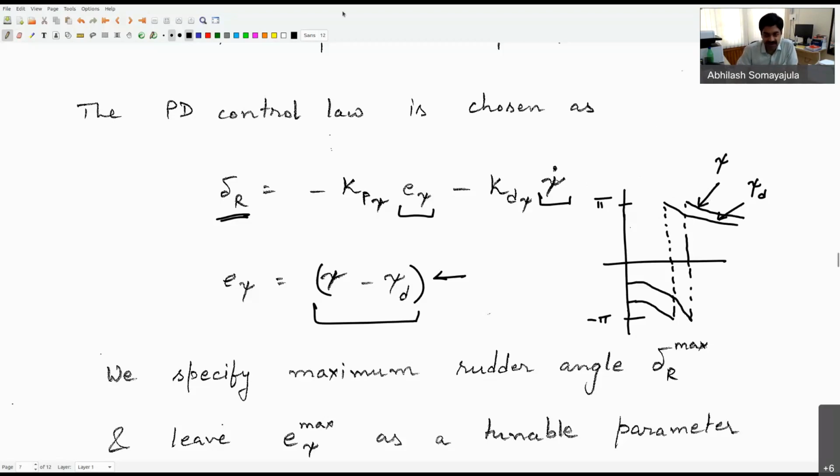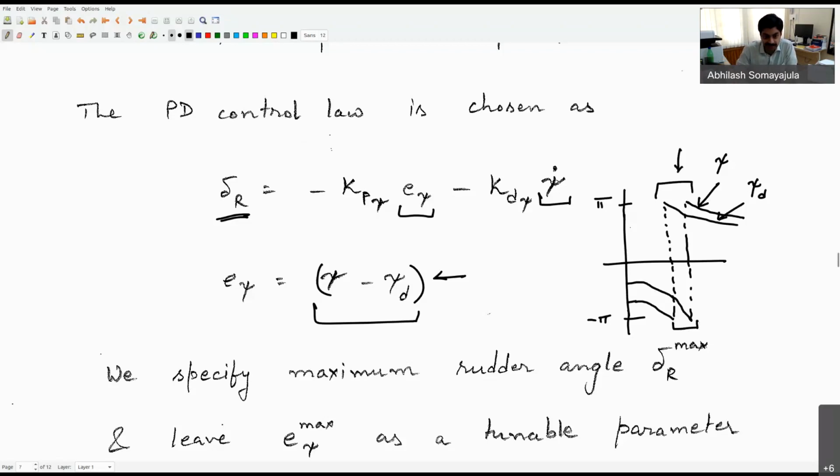Over time, I'm trying to see that psi should come closer to psi d. The difference between them will keep decreasing technically, except at this location, inside this band. Why? The psi d has made a jump from minus pi to pi, but psi has not made a jump. So suddenly what has happened to the difference between psi and psi d?